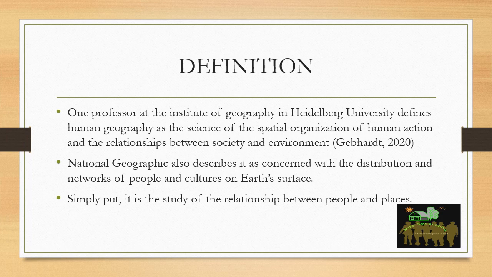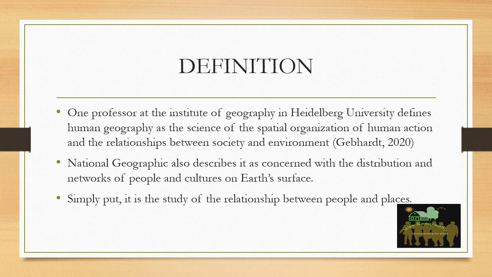Let's look at some definitions of human geography. One professor at the Institute of Geography in Heidelberg University defines human geography as the science of the spatial organization of human action and the relationships between society and environment.